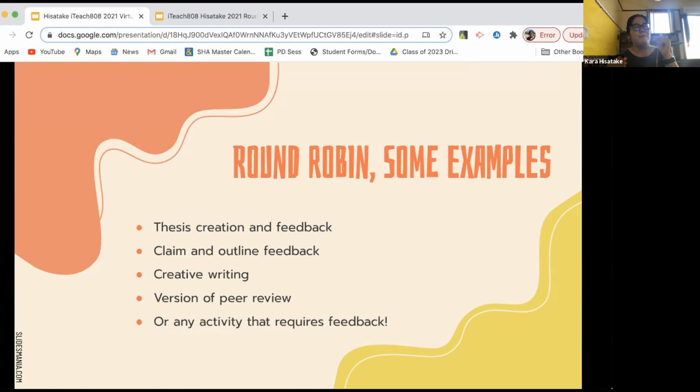And then it could also be a version of peer review. It's not anonymous, of course, but it is a way to have people share their documents and you could have them answer questions on the slide for their peer review, or they could upload a particular sentence or paragraph to their slide and have someone else review their slide.